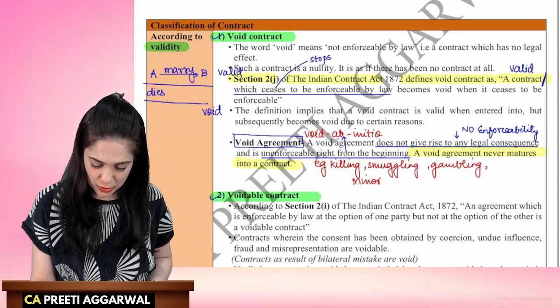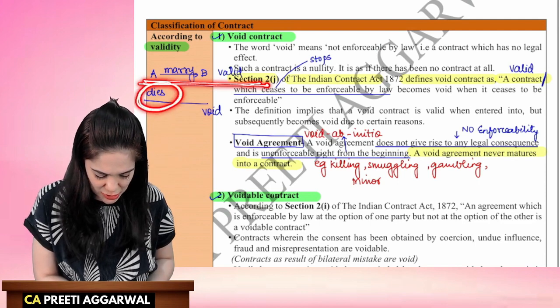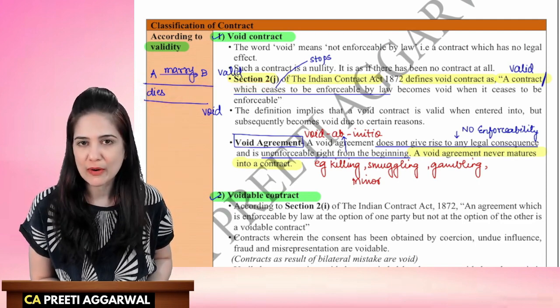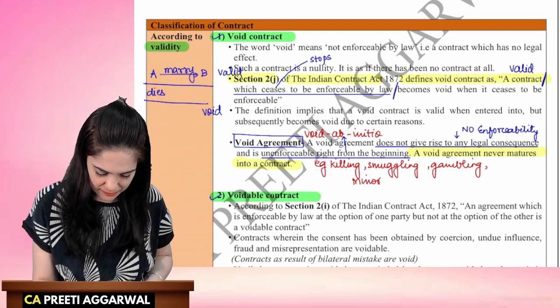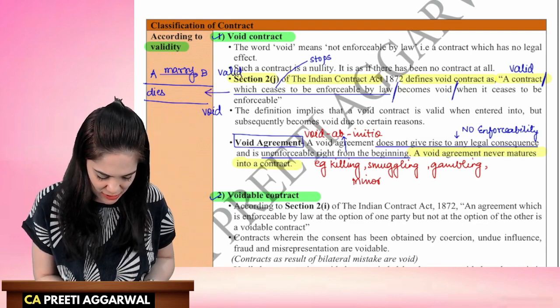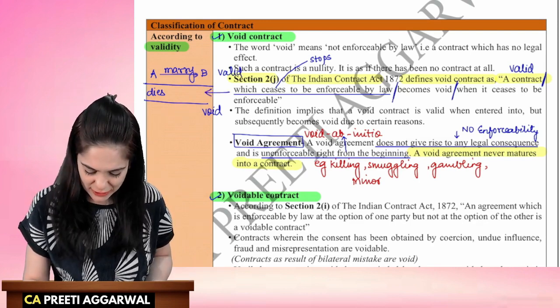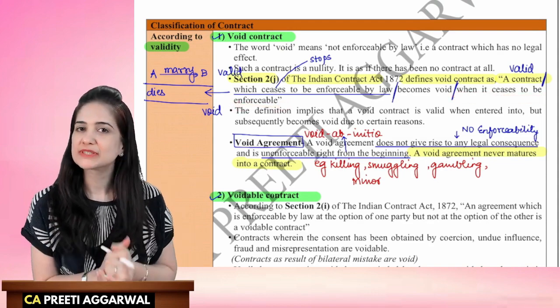So a contract which ceases to be enforceable by law, what does it become? It becomes void. When does it become void? When it ceases to be enforceable. So this is actually talking about the time when the contract becomes void.